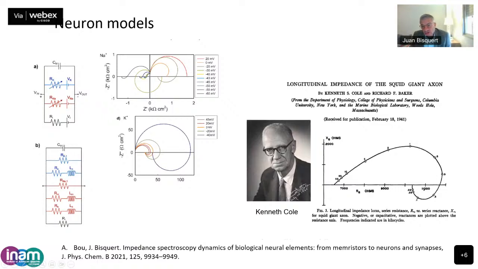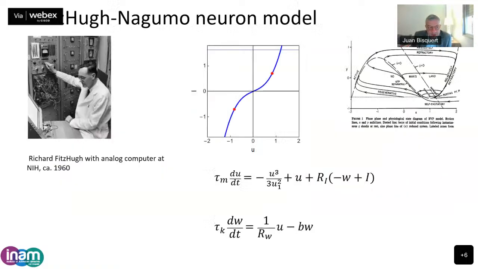And in fact, the inductor was observed by Kenneth Cole in 1940, much before the publication of the neuron model. It was measured directly in big squid neurons by Cole, and he showed this inductor, but of course they couldn't interpret it because they were looking for an interpretation in terms of a coil or some physical effect. And now the Hodgkin-Huxley model clarifies that this is just because of an ionic response of the ion channel.